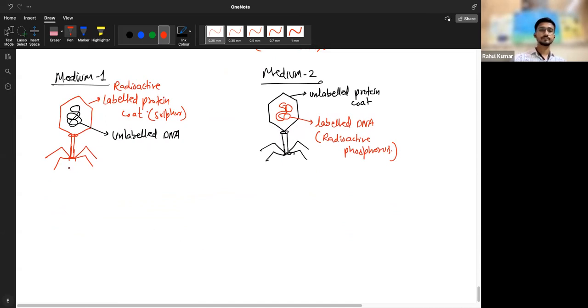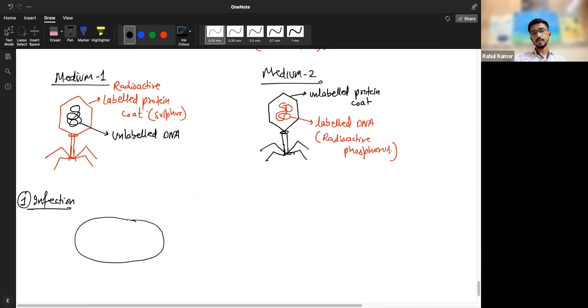Okay, everyone. So now the first step of the experiment is infection. You allow these two batches to infect E. coli.